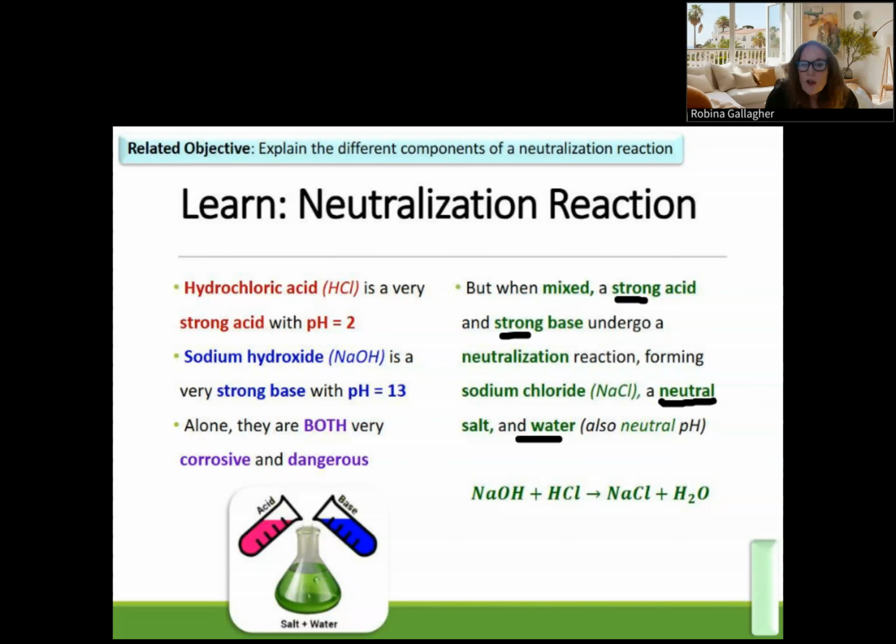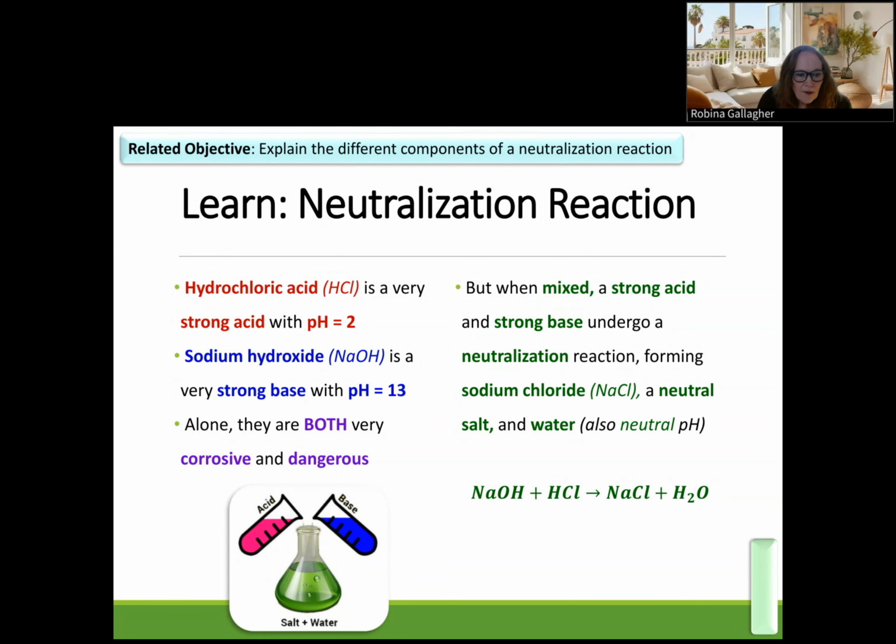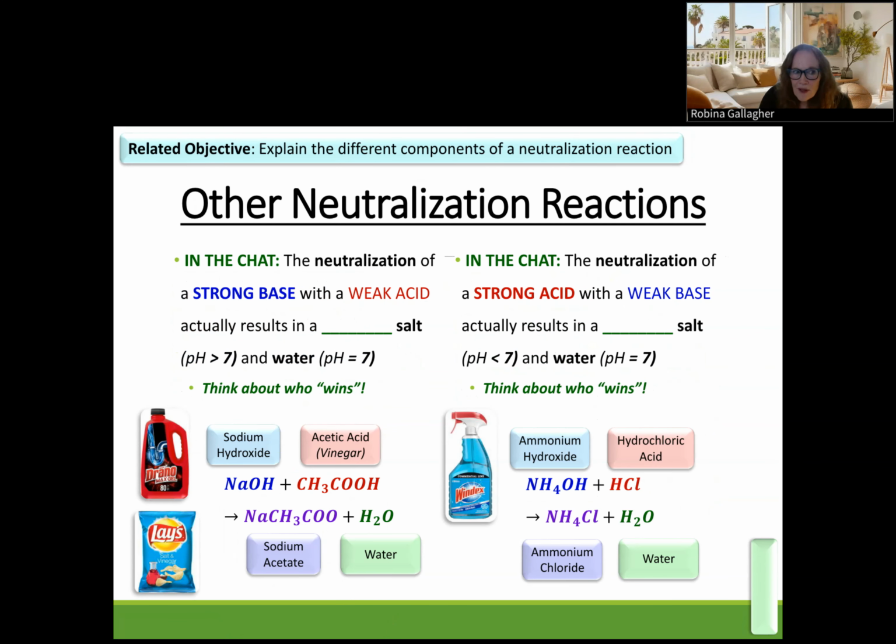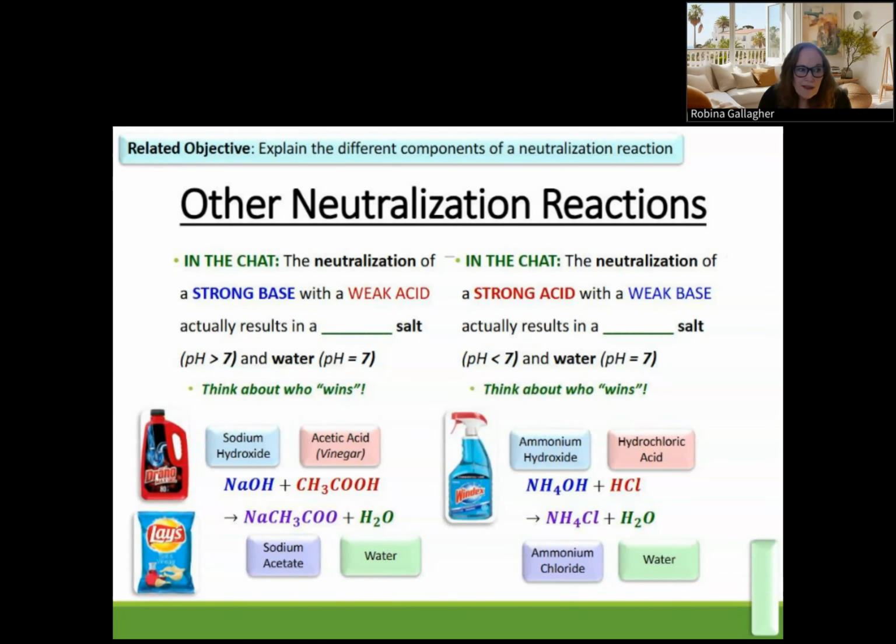If they're both strong, that means they are both corrosive and very, very dangerous. That's going to create a neutral salt, neutral water, and a neutral pH. Now, what happens though if they're not both strong? What happens if one is strong and the other one is weak?